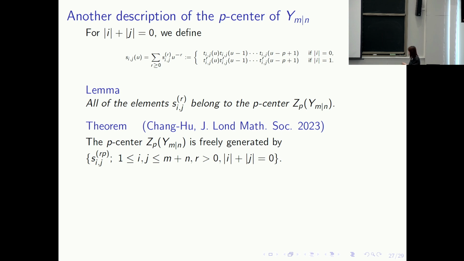With this we can prove that the center of the modular super Yangian is freely generated by these elements. These elements are coefficients of the formal power series S_ij mu.